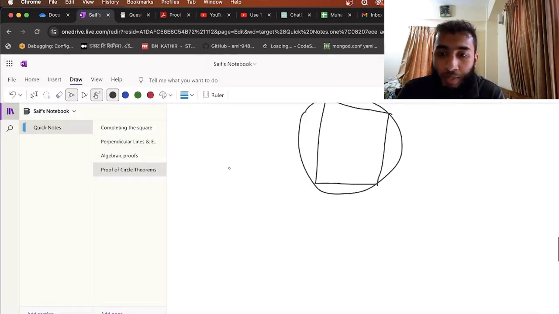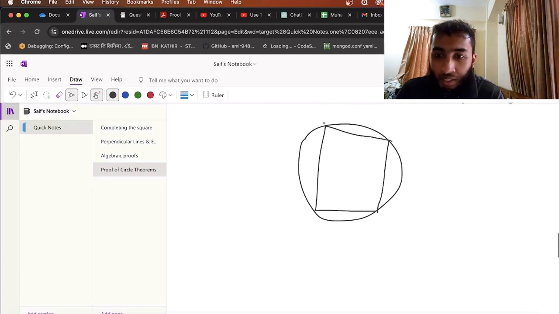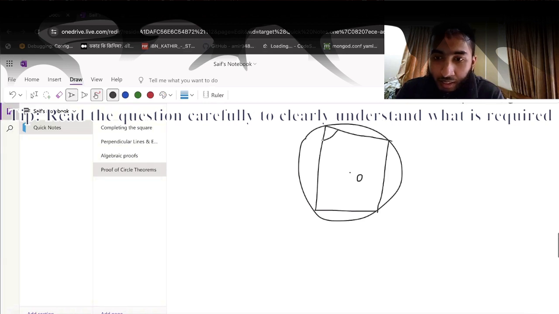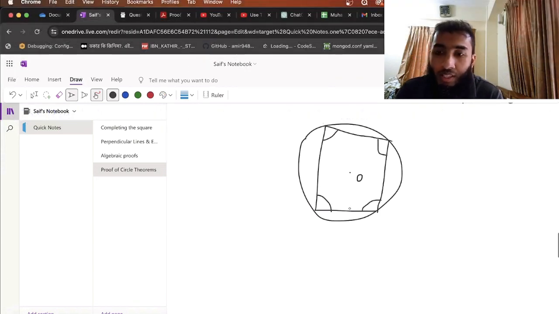If I go to the notepad, I've done a rough drawing here. Let's say this is a quadrilateral within a circle, and this is the center, which is O.